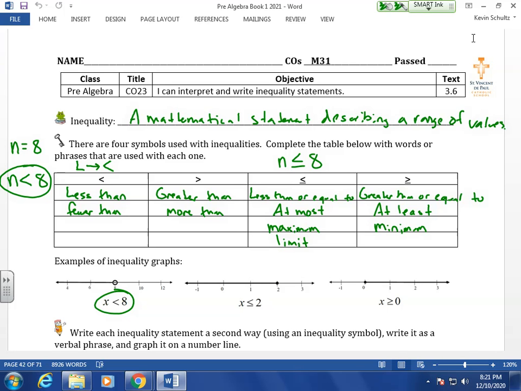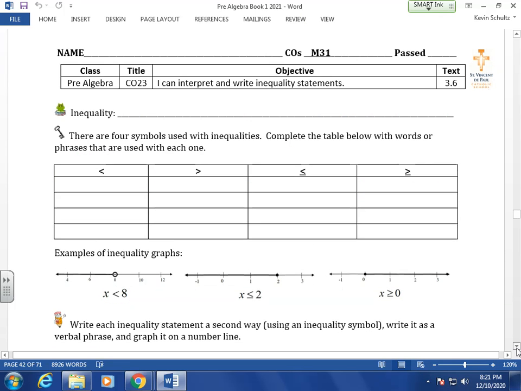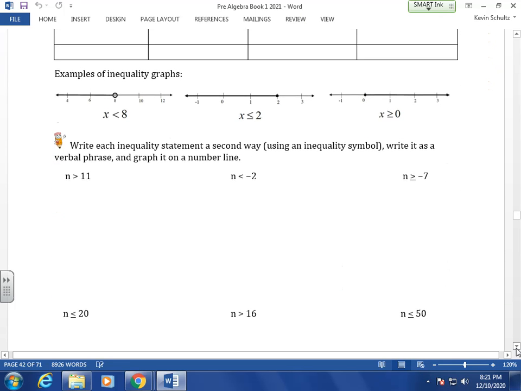Okay, and then I said that an inequality represents a range of solutions. We represent that with a graph, which is basically a number line showing the values that match our inequality statement. This one says x is less than 8. Notice I've got an open circle around 8.